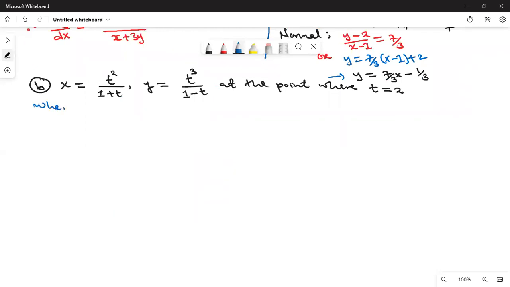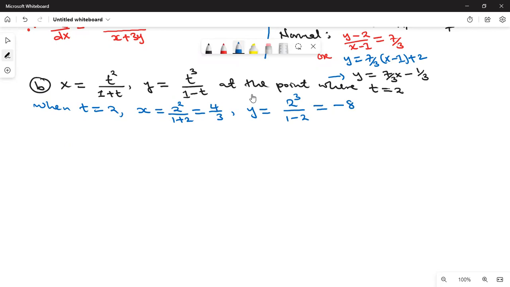When t is equal to 2, x will be equal to 2 squared over 1 plus 2, which is equal to 4 over 3. And y will be equal to 2 cubed over 1 minus 2, that is negative 8.